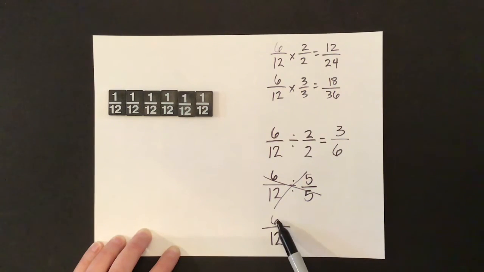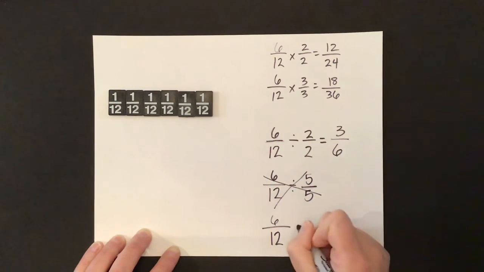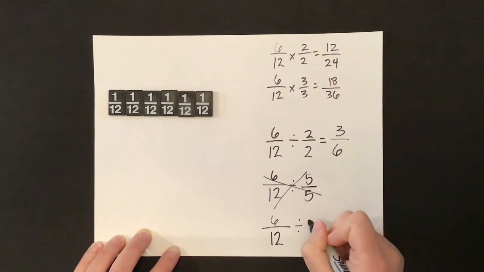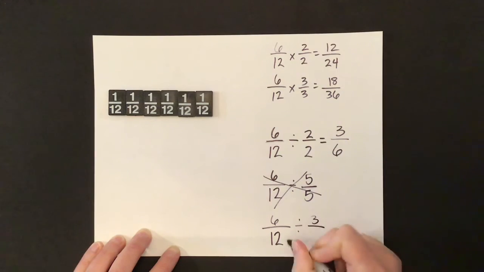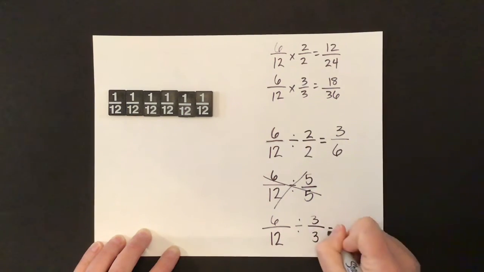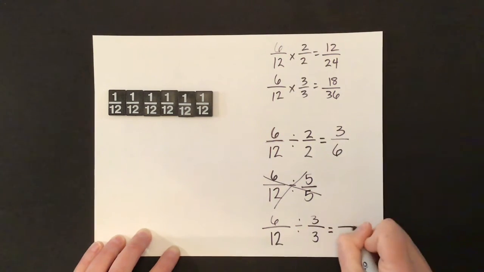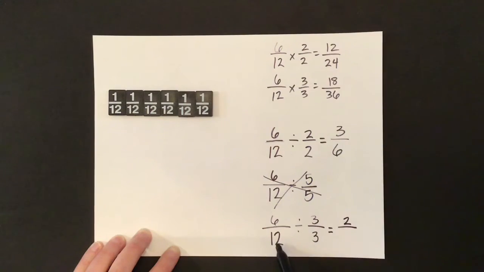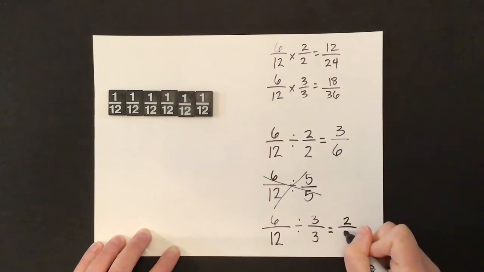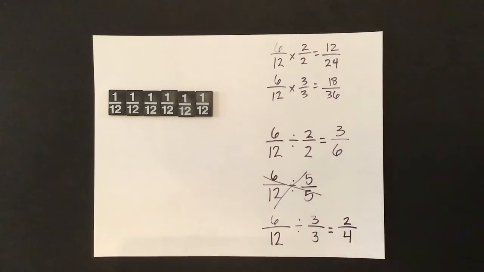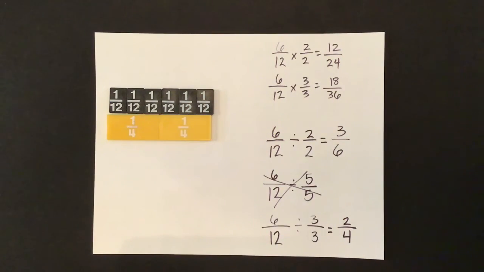I know that 3 times 2 equals 6, and I know that 3 times 4 equals 12, so I could divide both the numerator and the denominator by 3. So if I pick 3/3, that should work. 6 divided by 3 equals 2, and 12 divided by 3 equals 4. And it works. 6/12 divided by 3/3 equals 2/4.